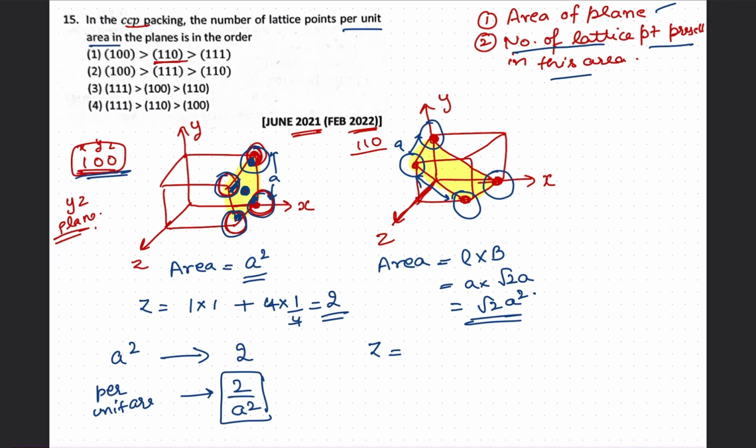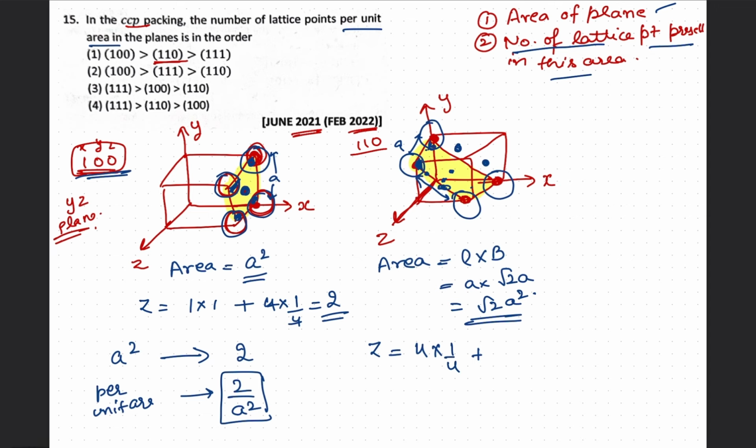Now see, these are the face centered cubic. Face center means there will be atoms present at the center of the face. Now the atoms which are present at the corner will contribute 1/4, 4 into 1/4, but those present at the surface, that is face center, will contribute half.